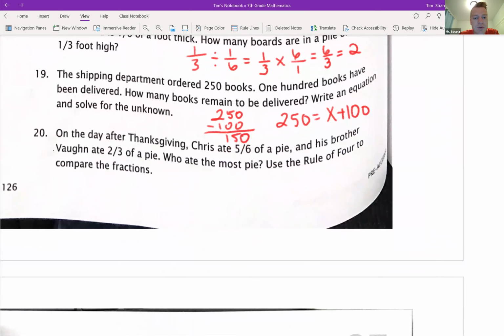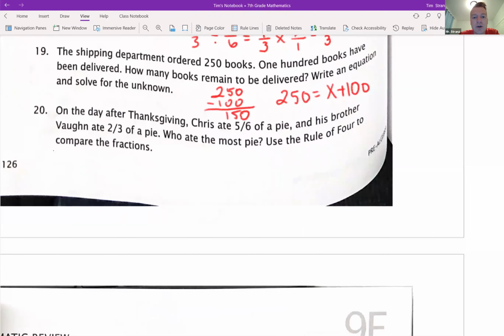Last one, on the day after Thanksgiving, which is Black Friday, Chris ate 5/6 of a pie, and his brother Vaughn ate 2/3 of a pie. Who ate the most pie? So remember a little trick that we do. We'll put versus because we're battling each other, right? We're seeing which one is more.